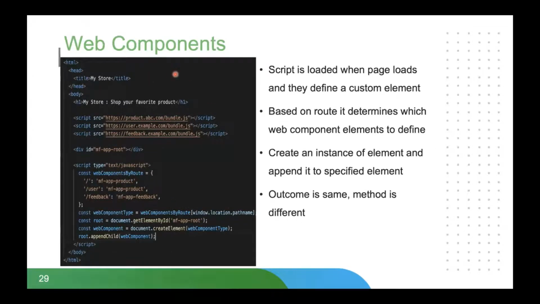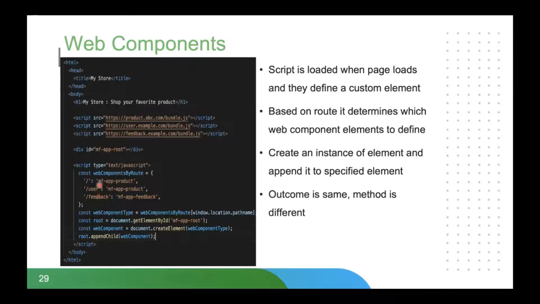Another is through web components. Here the same micro frontend is there. Whenever the micro frontend loads, instead of attaching a function to the window global object, it defines custom elements, like a product micro frontend.